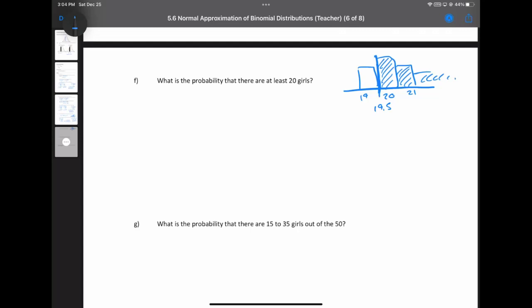Okay, probability that there are at least 20 girls. Again, we could say 19.5 up to 50.5, or we just say greater than 19.5. I think we're just going to do it that way. So that's 19.5 minus x bar over sigma.